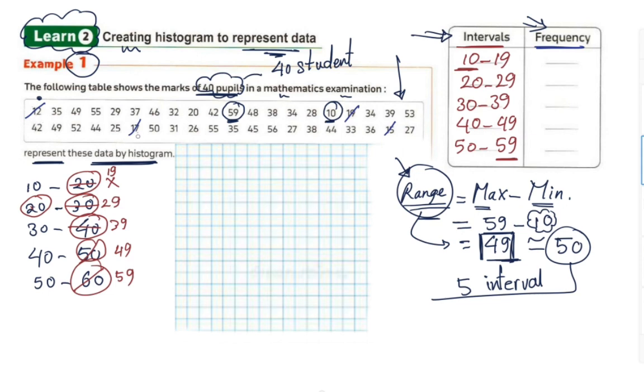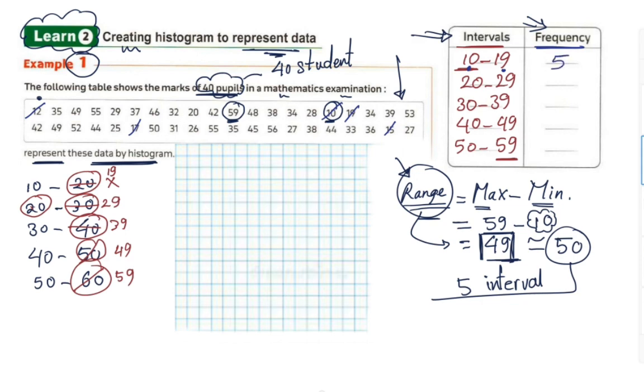Count: 1, 2, 3, 4. Anything else? Any degree between 10 and 19? Yes, 10 itself. Now we have 1, 2, 3, 4, 5 degrees between 10 and 19. 5 is its frequency.